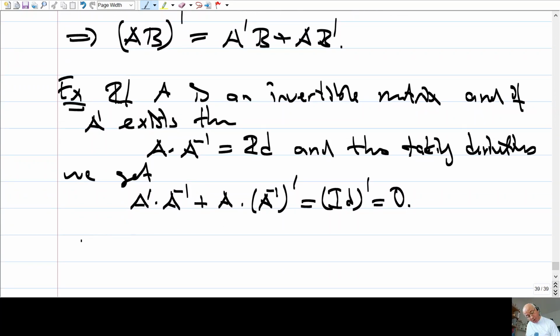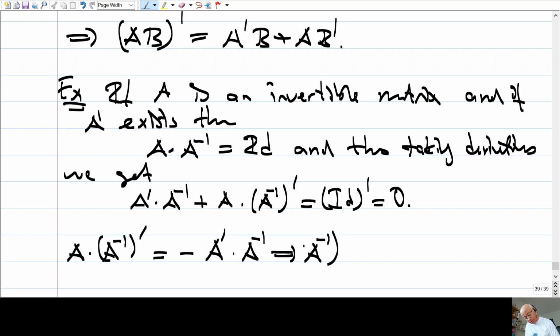So from this we get A times the derivative of A inverse equal to minus A prime times A inverse, and therefore the derivative of A inverse will be, I have to multiply this by A inverse, so it is minus A inverse times A prime times A inverse.